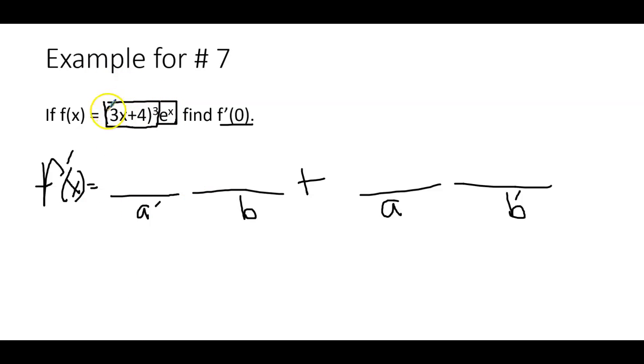Well, this is actually going to be a chain rule. We have an outside function here, it's the third power. And then we have our inside function, which is the 3x plus 4. So let's start off with the derivative of the outside function. We're going to move the 3 to the front.